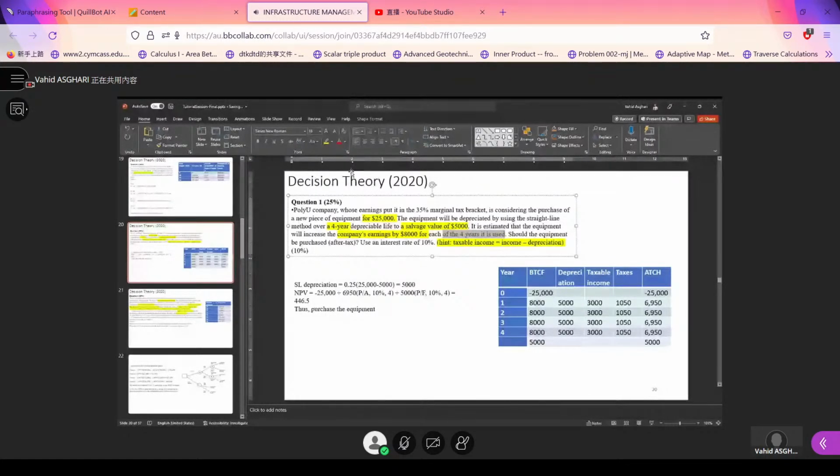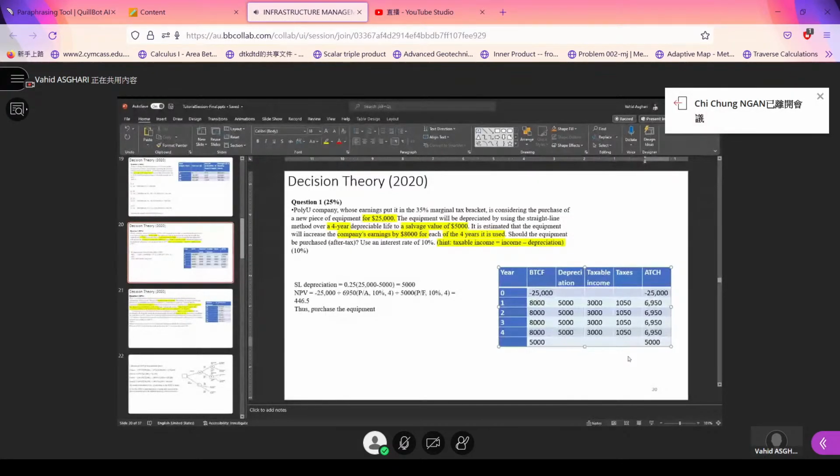We'll use it for 4 years, and at the end, the salvage value will be $5,000, right? In 4 years, how much is it gonna be depreciated each year using the straight line method?